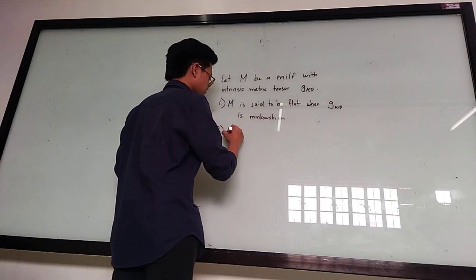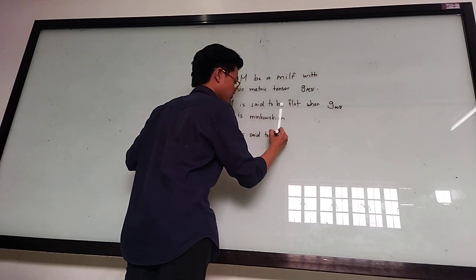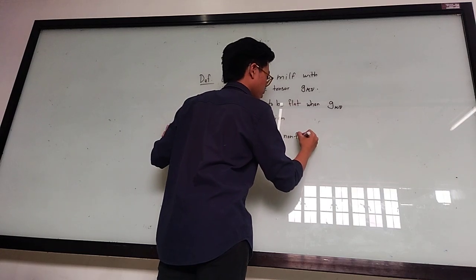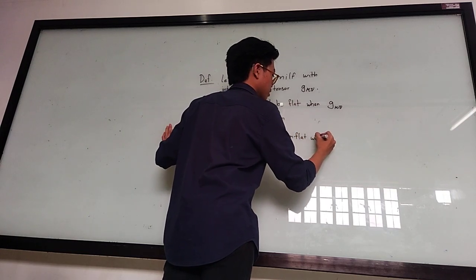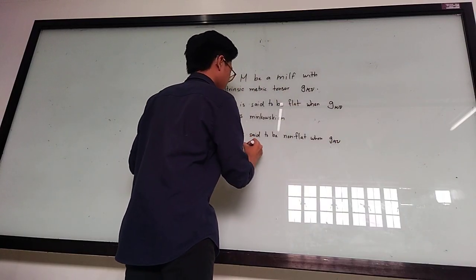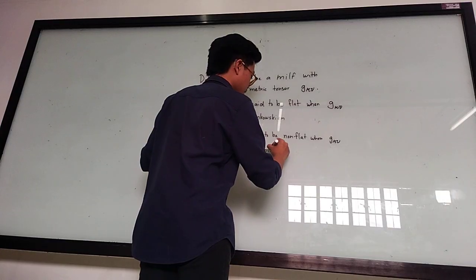two, M is said to be non-flat when g_mu nu is not Minkowskian.